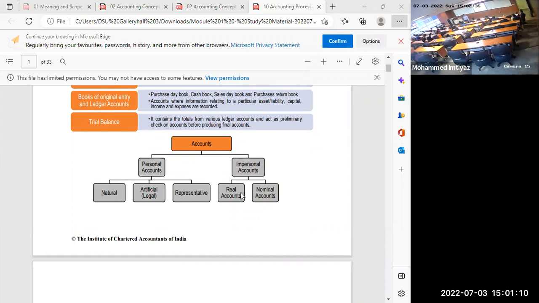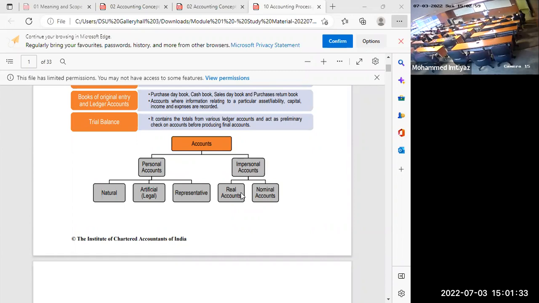Relating to which account? Real, nominal, or personal? Which account are we talking about? No, which one are you talking about? Again, insurance is a basic concept. We already classified that into two: one is money going out, another is benefit coming in.